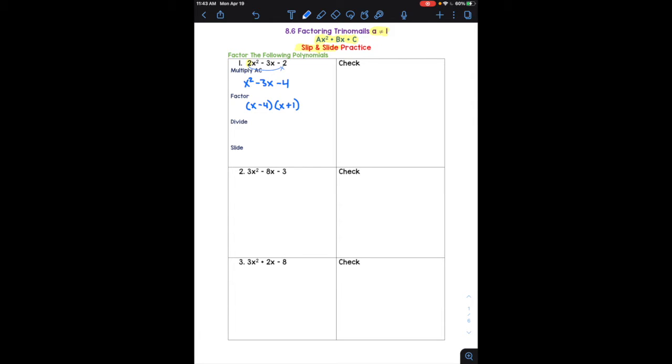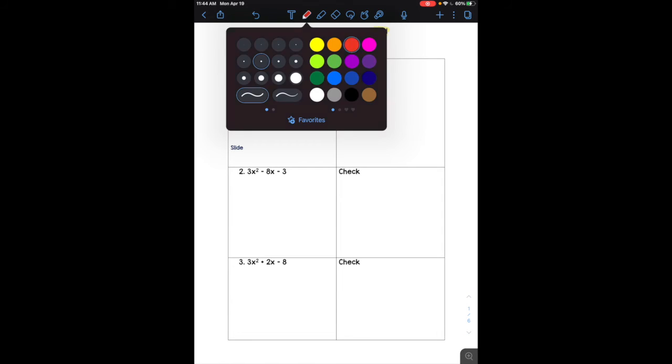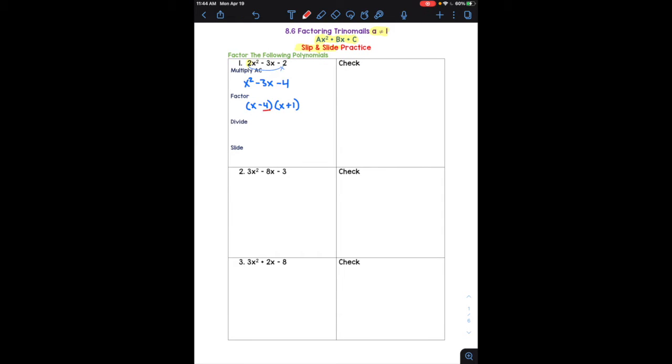These are the factors for the second trinomial, the x squared minus 3x minus 4, but we're still trying to find the factors for our original one where a was 2. Since in the first step I multiplied a times the c value, I'm now going to divide. Since I multiplied by 2, I'm going to divide both of the values I found in the previous step for my factors by 2.